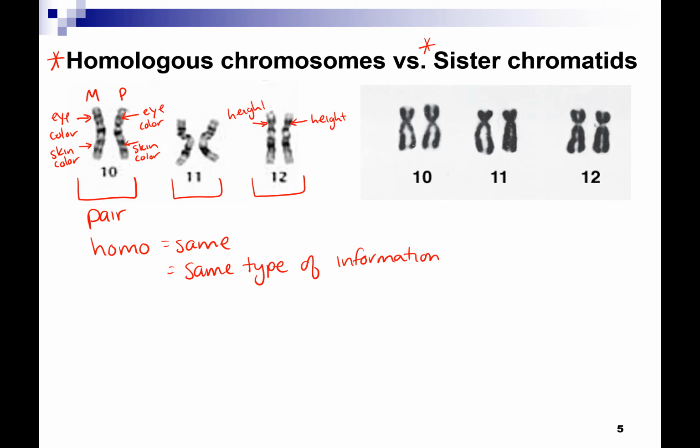So what you inherit from your mom and dad is not identical. But each chromosome pair has the same type of information. So they have the same genes, but can have different alleles, versions of those genes.